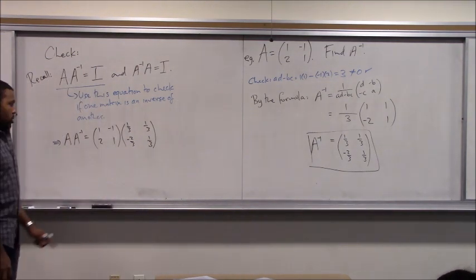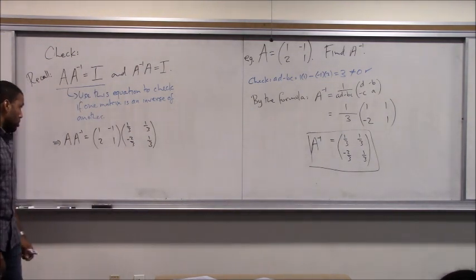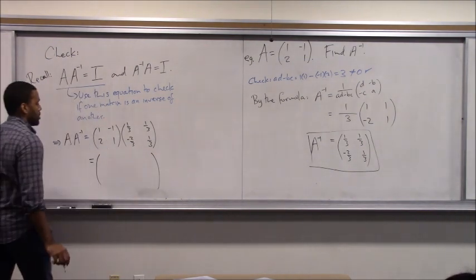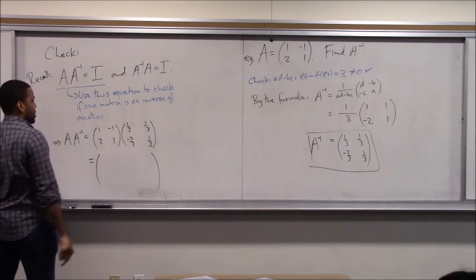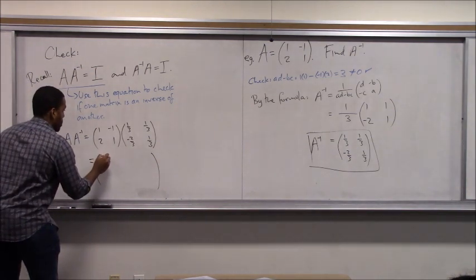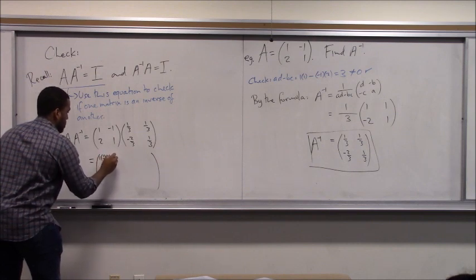Now clearly these can be multiplied. This is a 2 by 2, that's a 2 by 2. So what I'm going to do now is I'm going to do the rules. First row times first column. That's 1 times a third plus a minus 1 times minus 2/3.